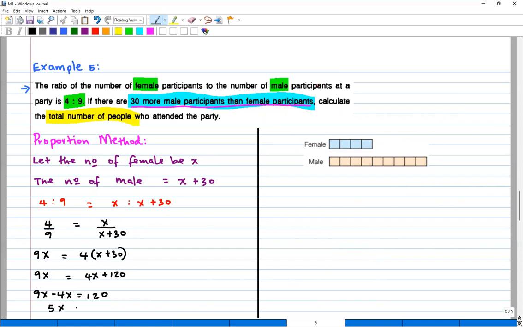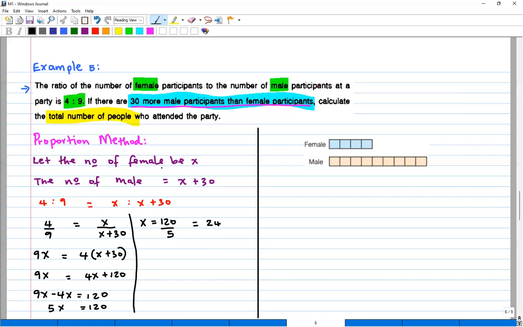So then 5x is equal to 120. So x is 120 divided by 5, which is equal to, yes, what is 120 divided by 5? That will be 24.